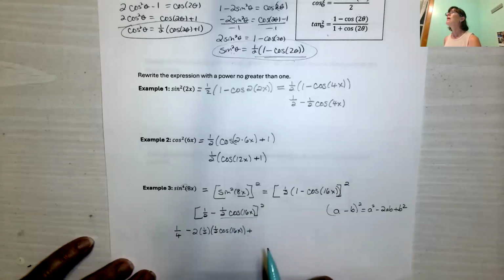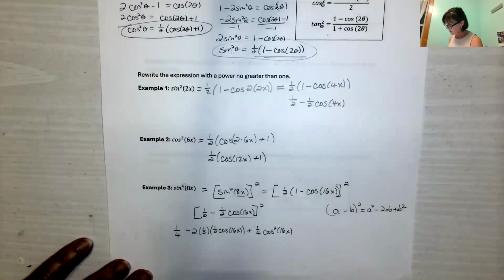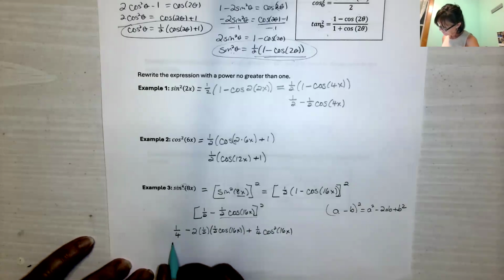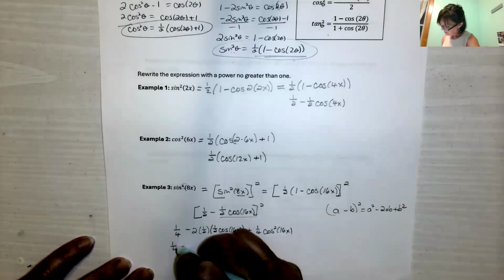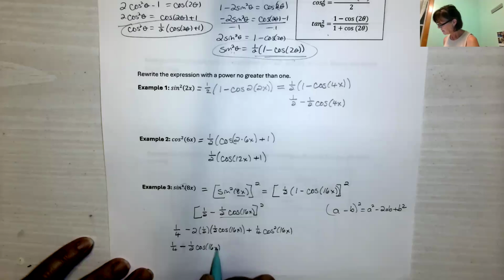So this is b. 1/2 squared is 1/4, and this is the cosine squared of 16x. So it's looking better. This is 1/4. Oops, that's going to be minus 2 times 1/2 is 1. But so I still have this 1/2 cosine of 16x plus 1/4 cosine squared of 16x.